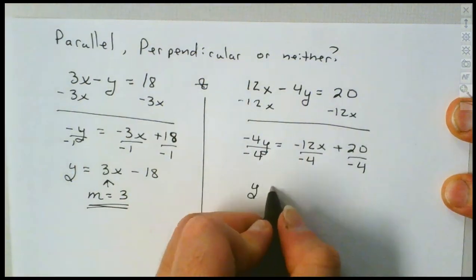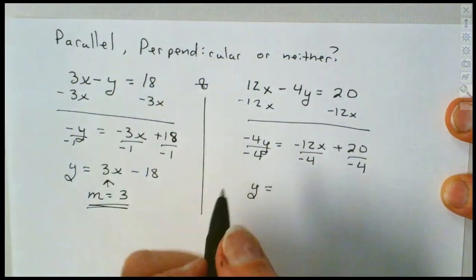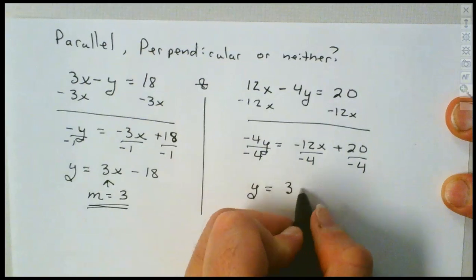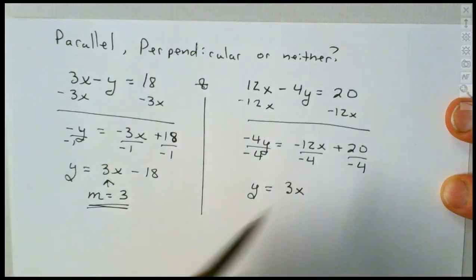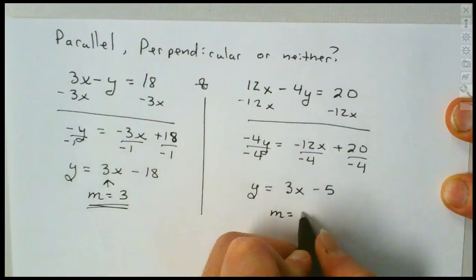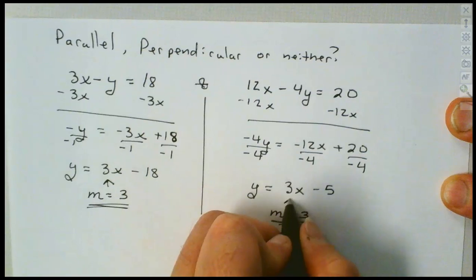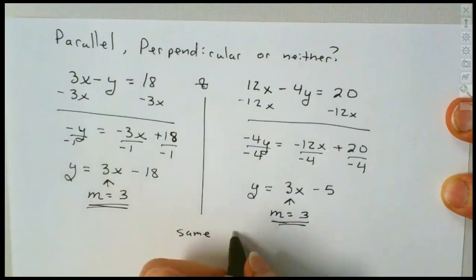And y equals, okay, negative and negative makes it a positive. 12 divided by 4 is a 3x. 20 divided by negative 4 is a negative 5. So my slope is the number in front of the x, which is the 3. These are the same. So these would be parallel.